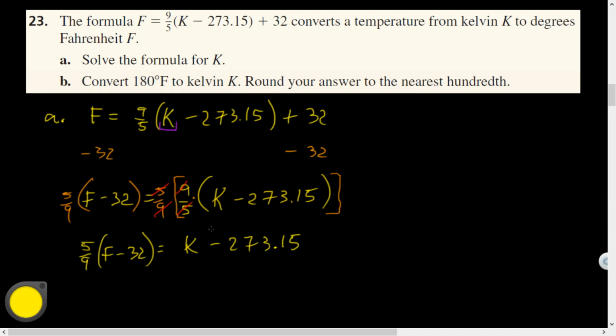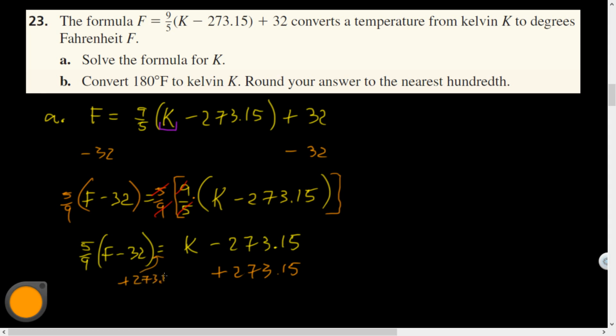Your thoughts? Addition. I like it. And I can't just willy-nilly add some number to this side of the equation. I've got to add it to both sides to maintain equality. So I've got to add 273.15 to both sides. Now this one I can't combine inside the parentheses because this one's locked in there. It's being affected by the 5/9. So I'm kind of thinking of adding it just to the end of the parentheses.